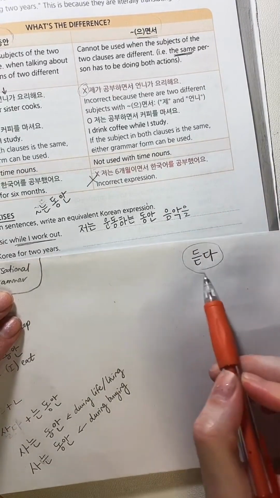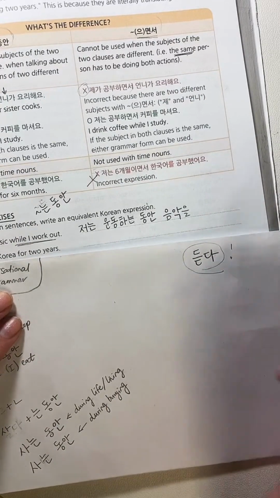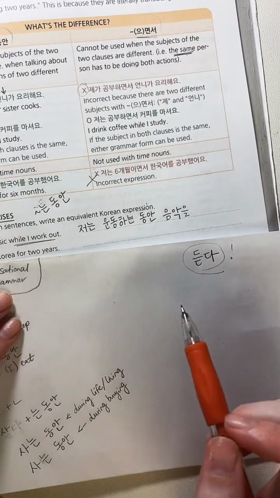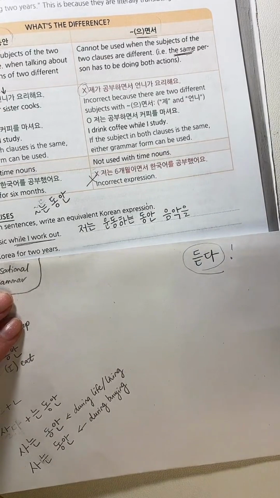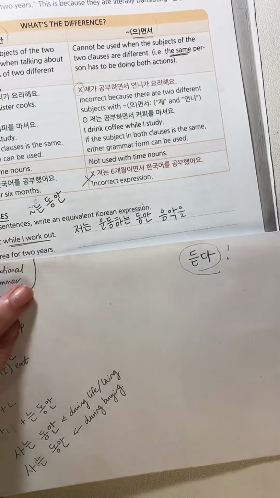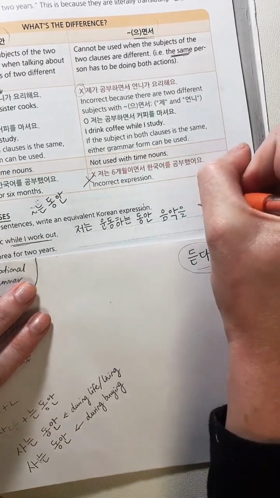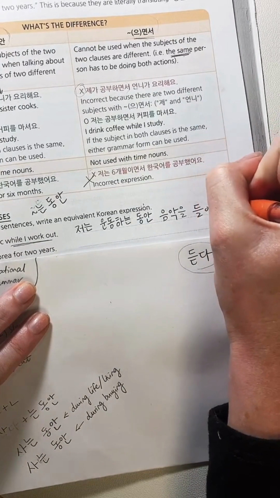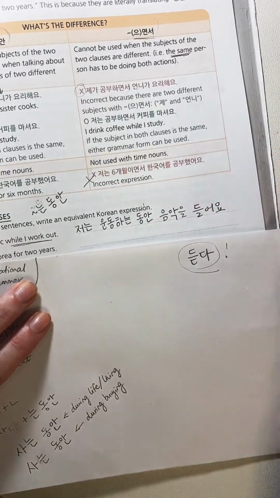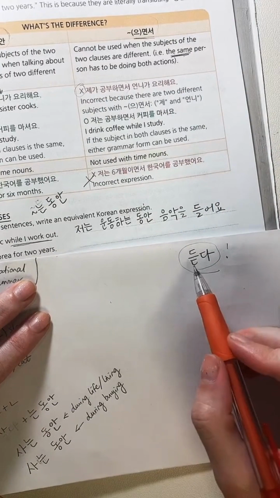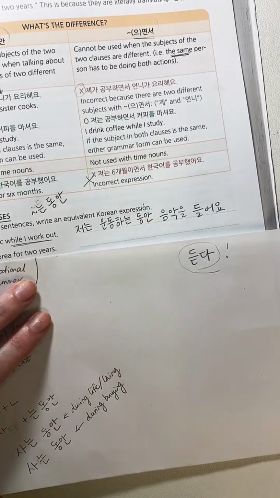But be careful with this verb because it is an irregular verb and it becomes 들어요. Yeah, I see people saying it in the comments. Good job. 듣다 becomes 들어요 because it is a ㄷ irregular verb.